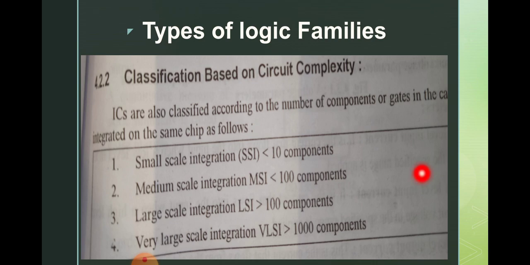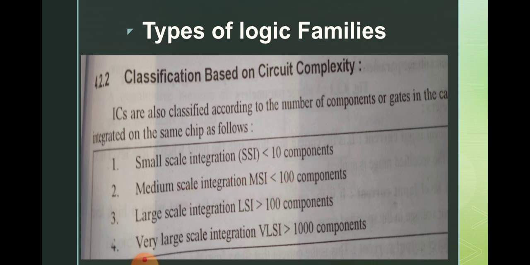Let us start with the first type, small scale integration, SSI. This IC technology uses fewer than 10 components, hence it is known as small scale. The second type is medium scale integration, MSI. These ICs have fewer than 100 components.